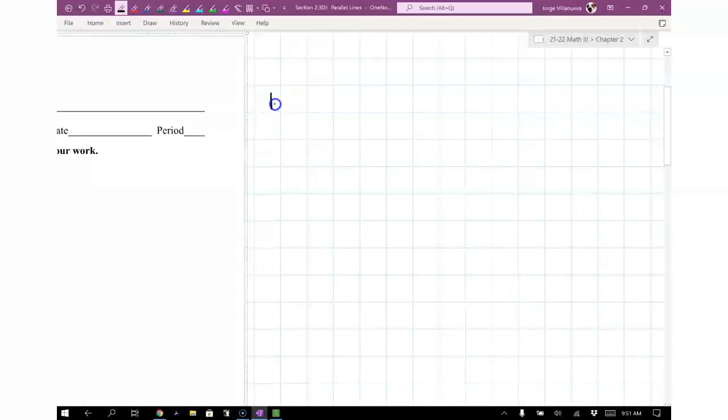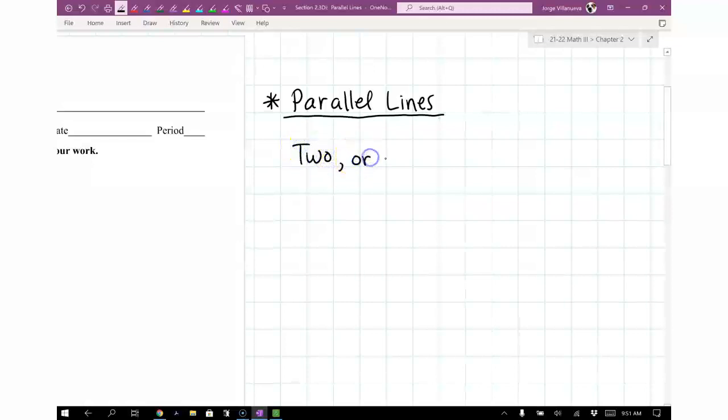Okay, so parallel lines. First off, these are two, or you could say two or more, lines that have the same slope.